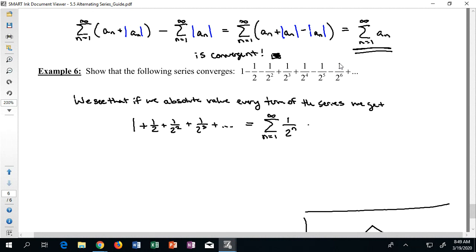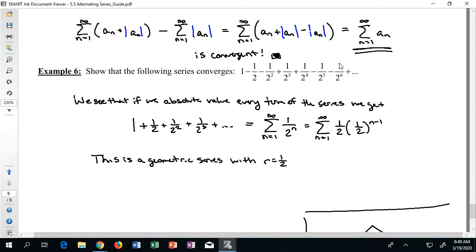And of course, I might actually note that this here is the same thing as a 1 over 2 to the 0, and then a 1 over 2 to the n minus 1. And so what kind of series does it look like after I've done all the absolute valuing? Well, yeah, I could see here that this is a geometric series with r equals a half.